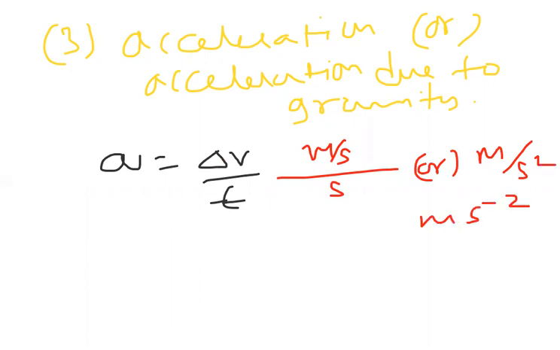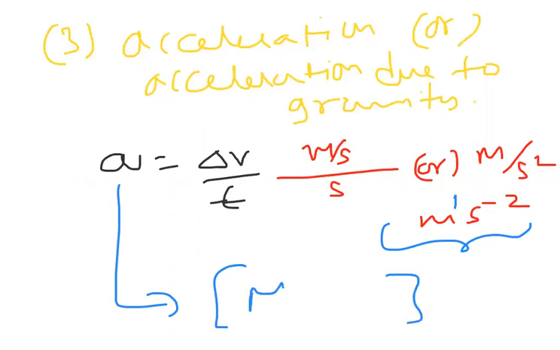So what can we write about the dimensional formula of acceleration? Observe carefully here. This is the power I have, meter power 1. Now when I want to write in terms of MLT, M is mass. Mass power, how much is there? There is no mass term, 0. Length power, what term is there? 1. And time power, what term is there?